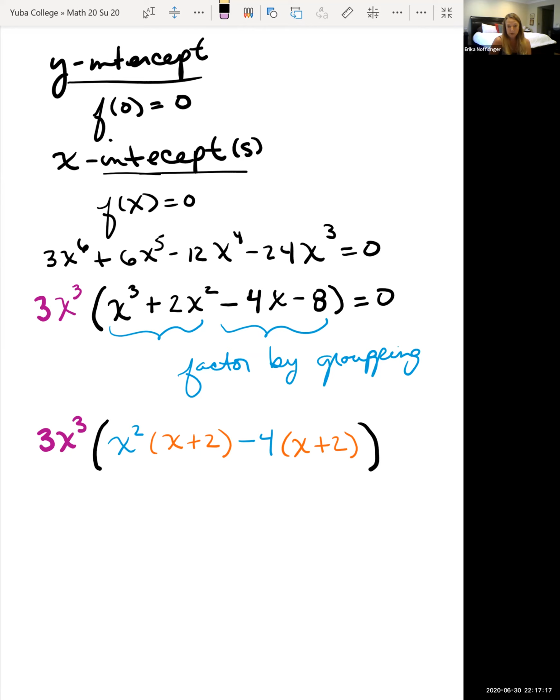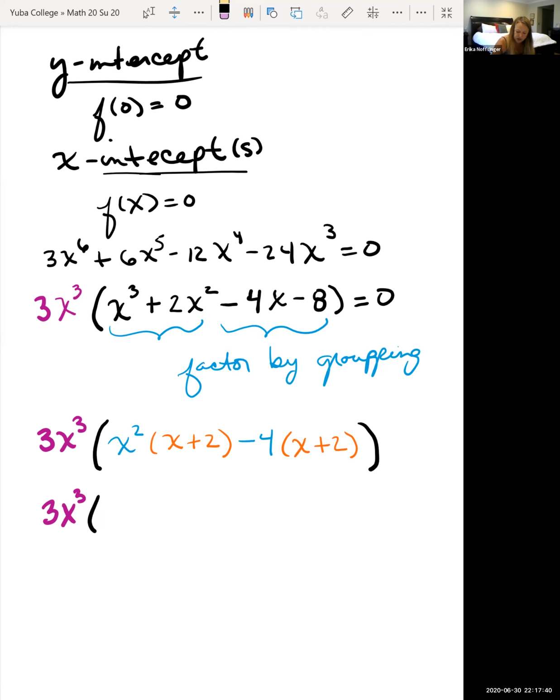So factoring by grouping works when what's left inside the parentheses after you pulled out what they had in common is the same, or you were able to manipulate it to be the same. And we did.